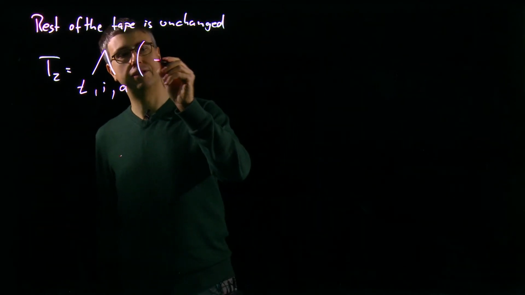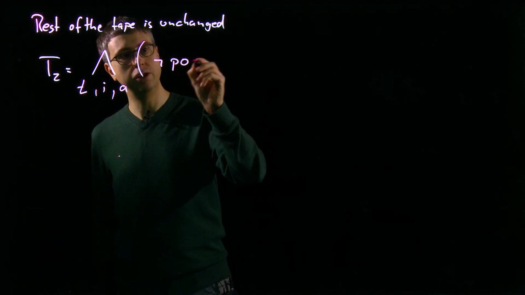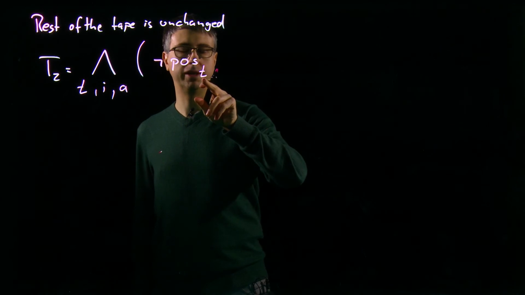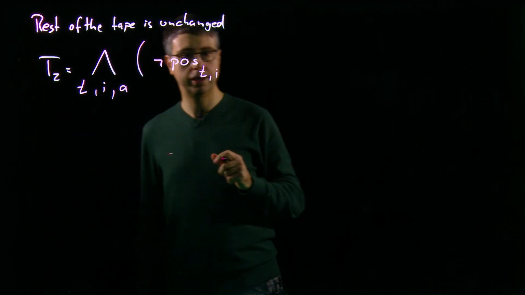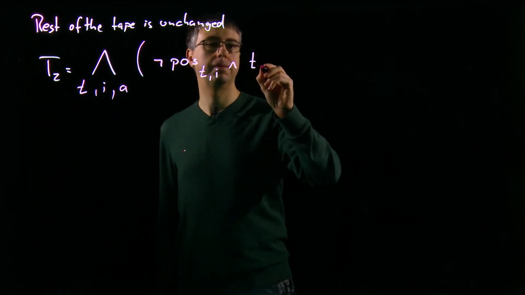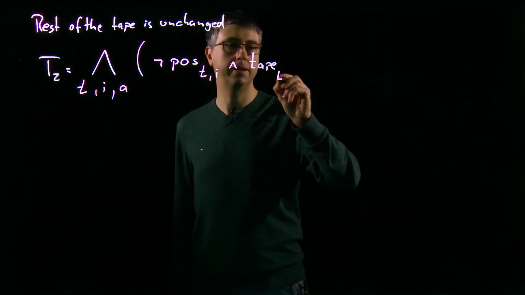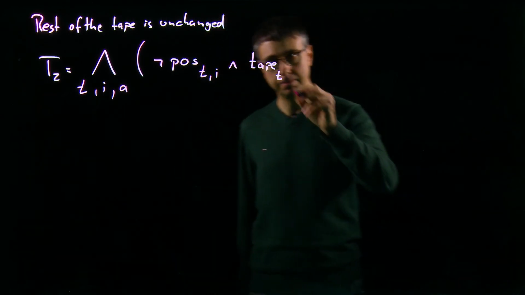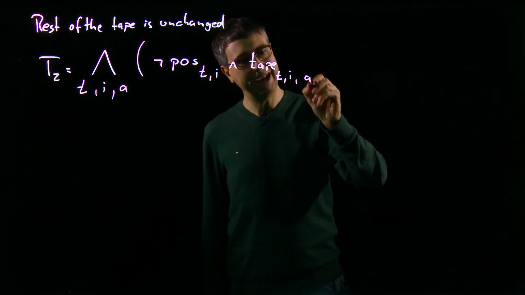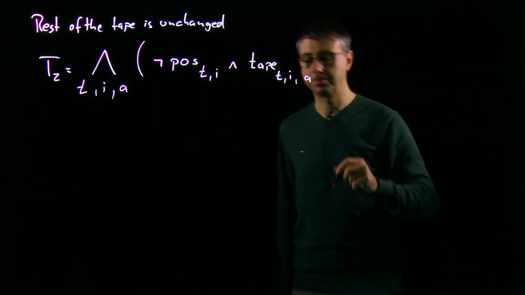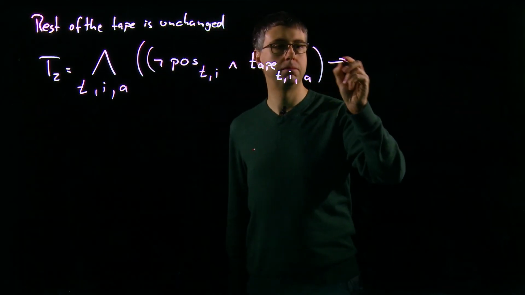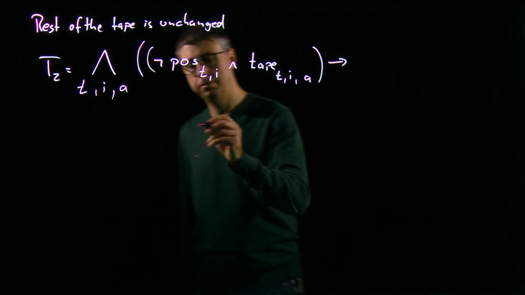So if at the point in time t the head is not at position I, and we have on the tape at this position in time t, at position I, the letter A on the tape, then we would like to have the same letter in the next state.